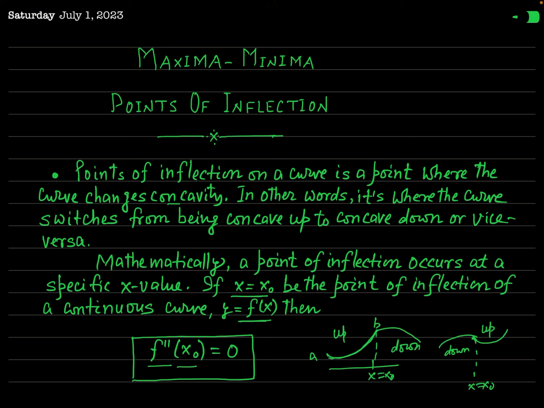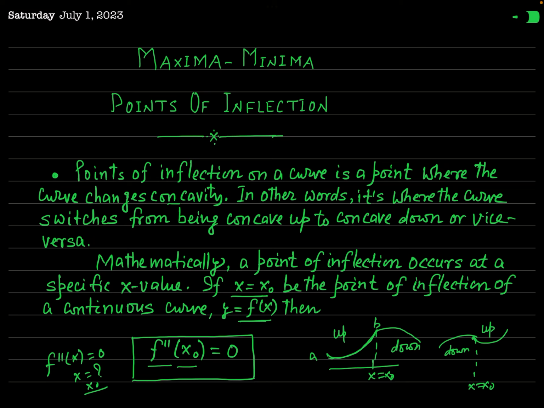You have only to differentiate the given function 2 times, equate that second order derivative to 0 and solve. Solving f double dash of x equal to 0, we will obtain the value of x, and that value of x will be called x naught, which is the point of inflection. So it is a very easy concept.